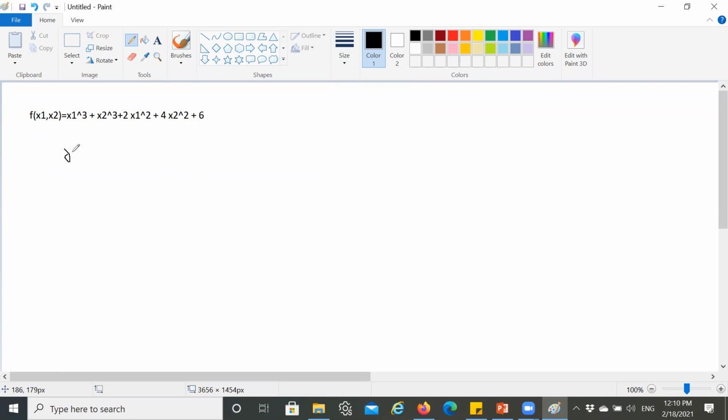That means you take the first order partial derivative with respect to x1 and the first order partial derivative with respect to x2, which should both be equal to 0, right? Am I right? Yep. Okay, so tell me what are the points? Zero. Oh, no.